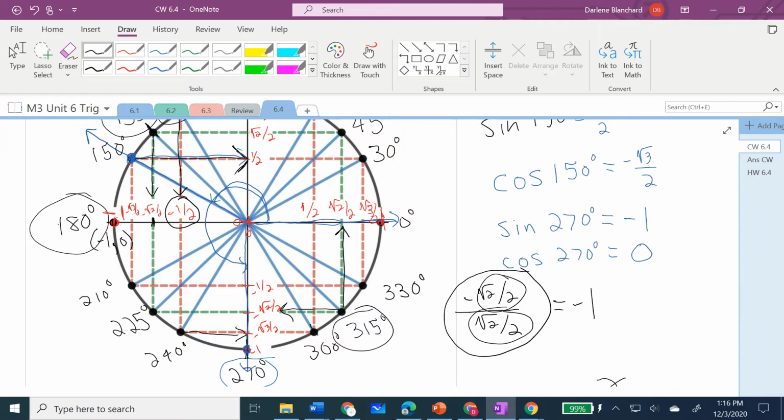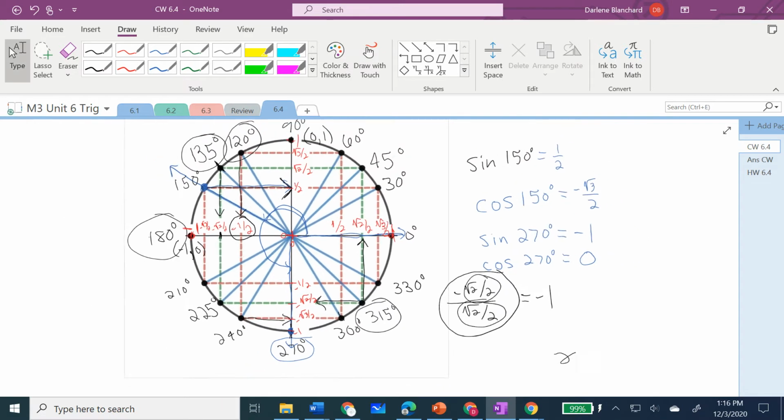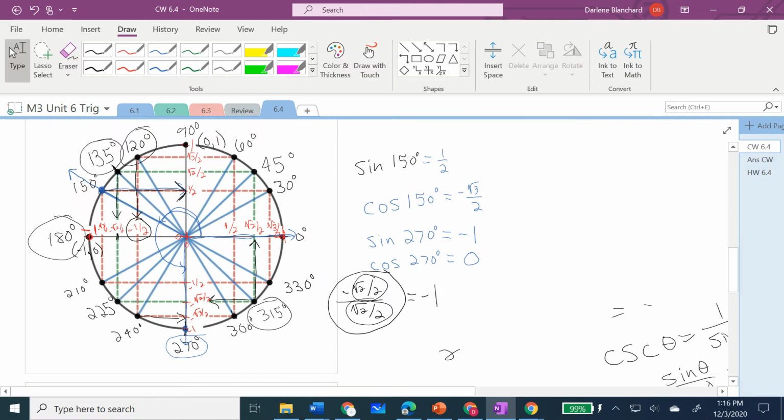Now, I want you to notice something, and this is really valuable. I want you to step away from what we're doing a moment. I'm going to highlight the terminal side of that angle.